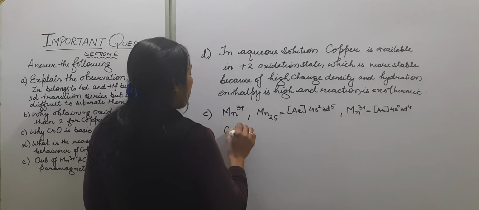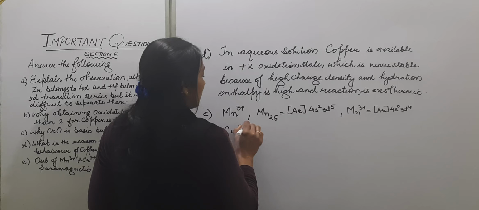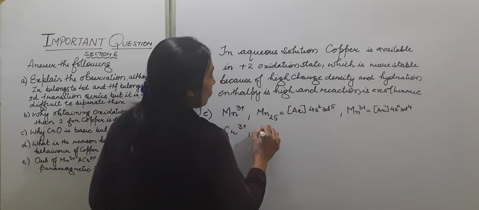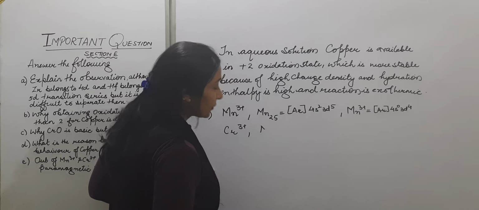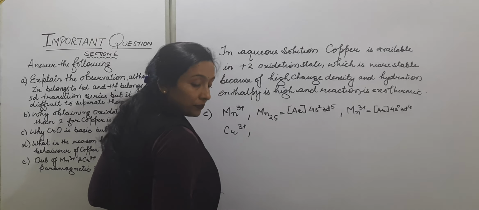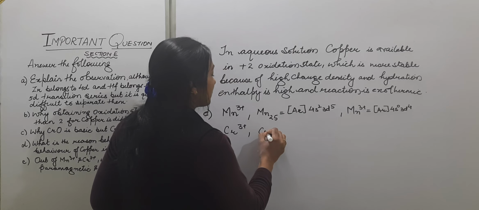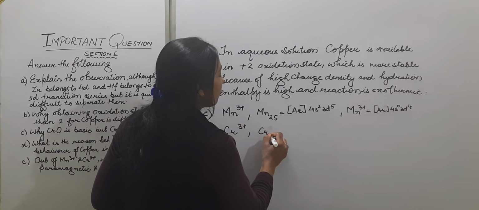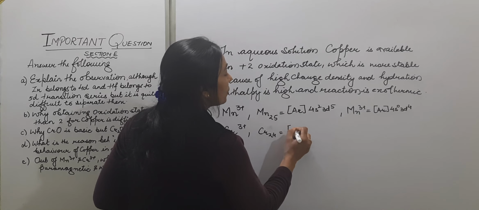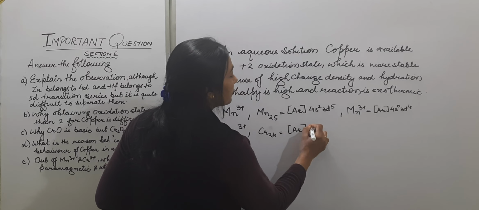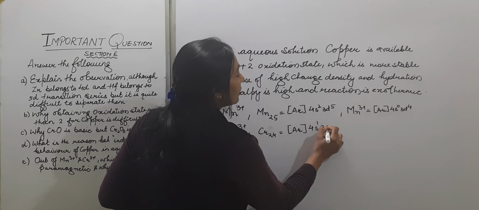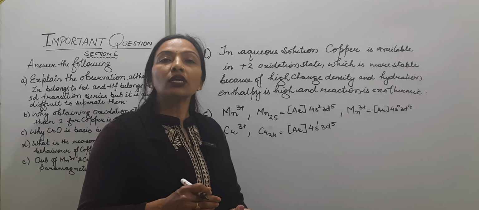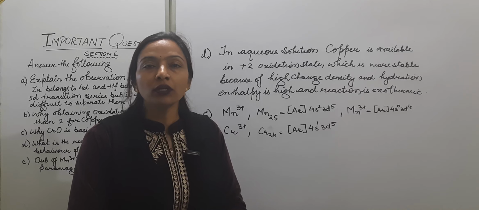And the second is chromium three plus. Chromium atomic number 24. So chromium का ग्राउंड स्टेट पे इलेक्ट्रॉनिक कन्फिगरेशन लिखते हैं, that is 24 and it will be argon 4s1 3d5. एक्सेप्शनल केस है, होना क्या चाहिए? 4s2 3d4.